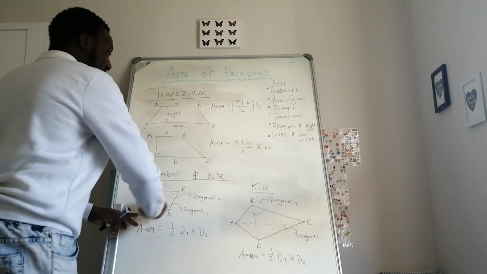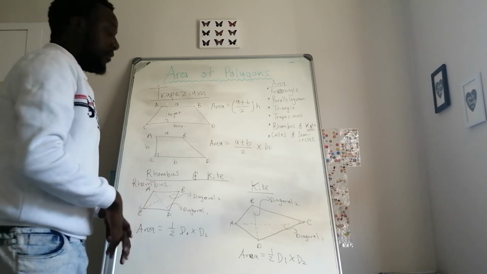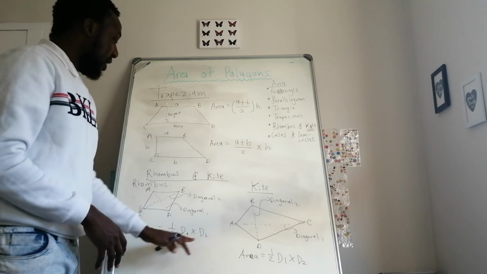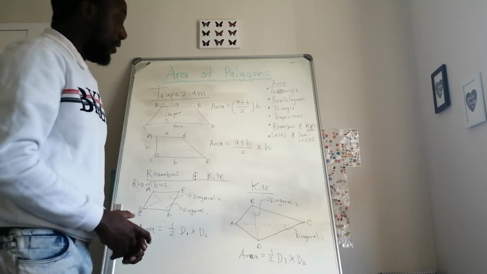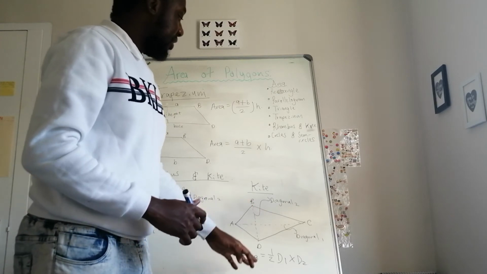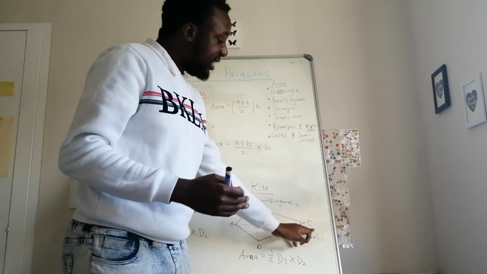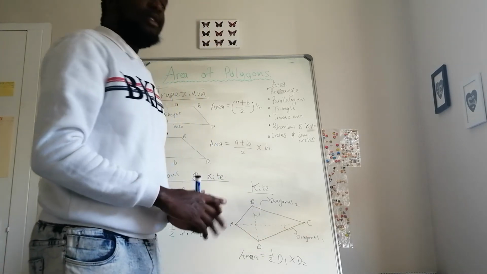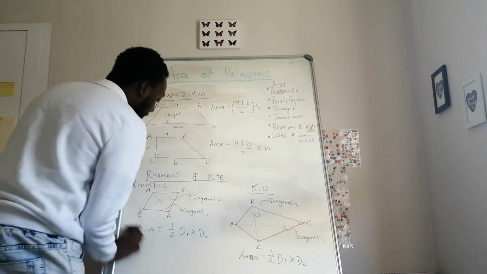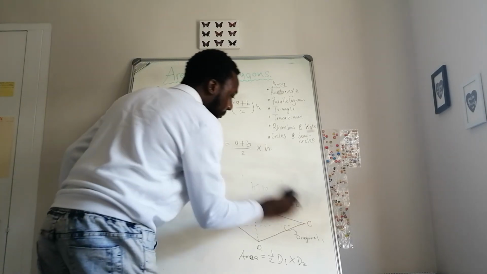One goes from C to B, and the other one from A to D. Call them diagonal 1, diagonal 2. You multiply them together, you half them, right? Kite as well, you do the same. It's just that now the diagonals I'm referring to are A to C and B to D, right? So that's how you find area of a rhombus, kite, and a trapezium.